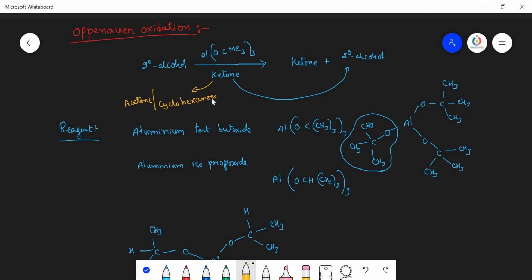Okay, so the major thing is Oppenauer oxidation is only for the secondary alcohols, not for the primary alcohols. If you want to oxidize the primary alcohols to the aldehyde, then you should not use this one, acetone, but you have to use the parabenzoquinone.